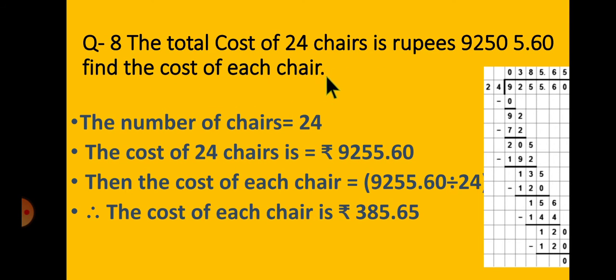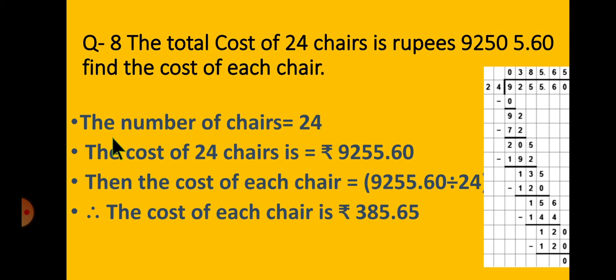I think there is some printing mistake, students. Actually there is 9255, a printing mistake, there is no 0. There is 9255.60. So find the cost of each chair.